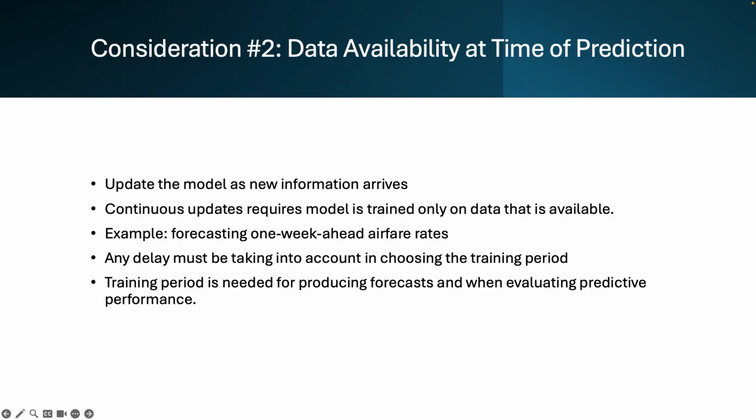For example, forecasting 1 week ahead for the airfare rates requires the forecasting model to be trained only on data that is available up to the time of a prediction. And this depends on how quickly we receive prior weekly airfare and gas price figures. Any delay in acquiring the information must be taken into account in choosing the training period.